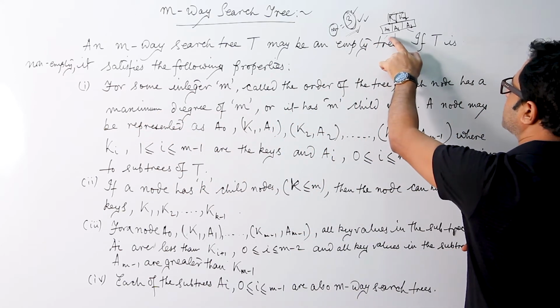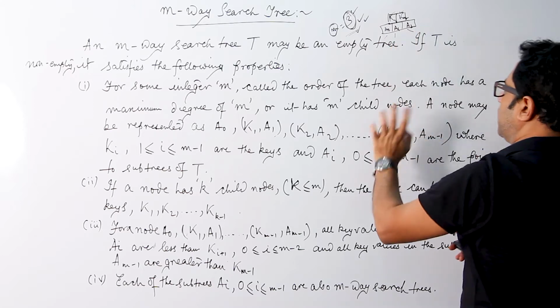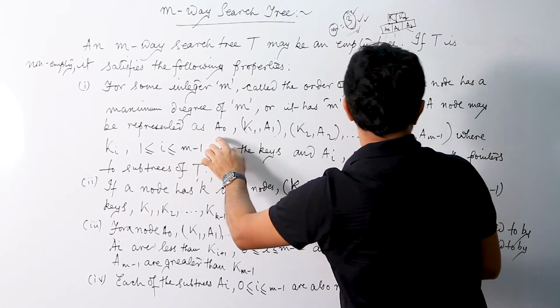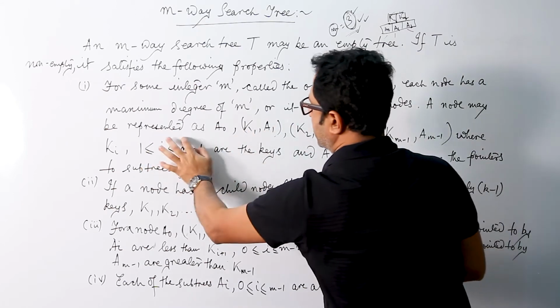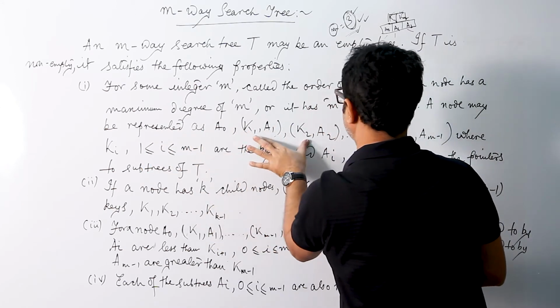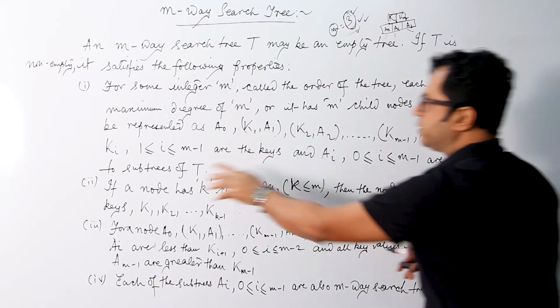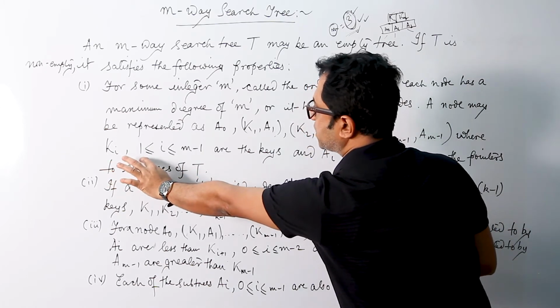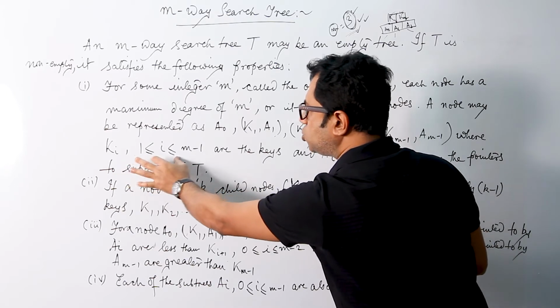M child nodes means A0 to A2, and a node may be represented as A0, K1, A1, K2, A2 and so on, where Ki means the key values. Ki starts from K1 to Km minus 1.